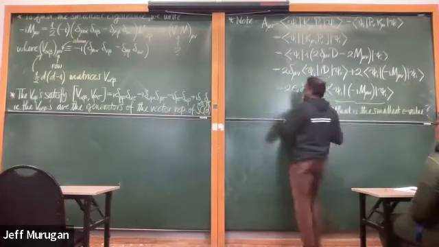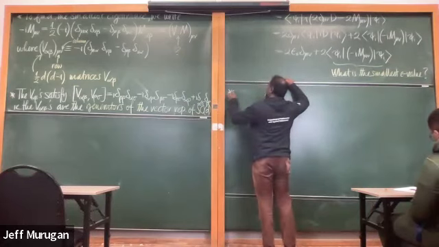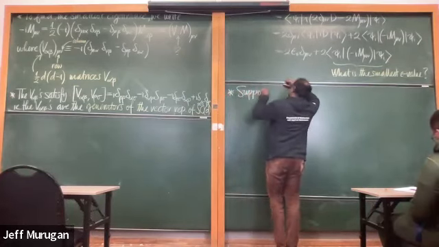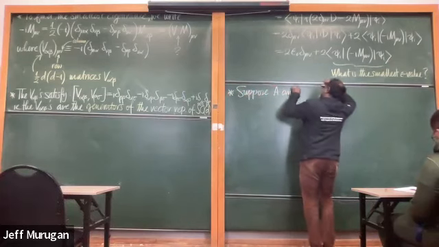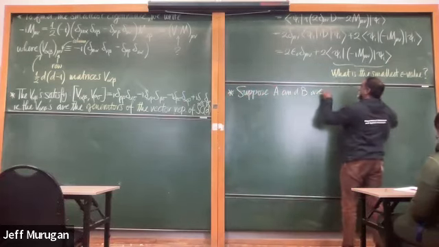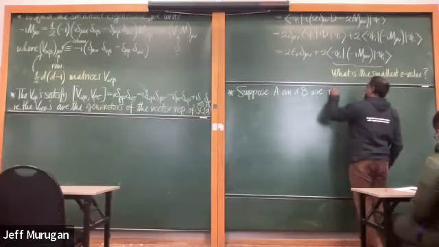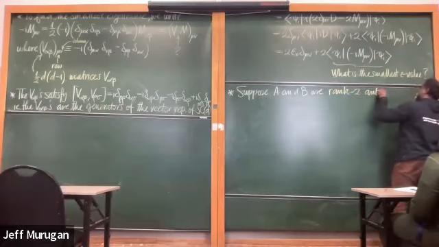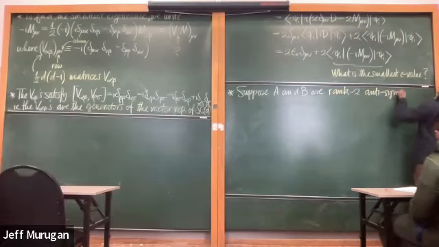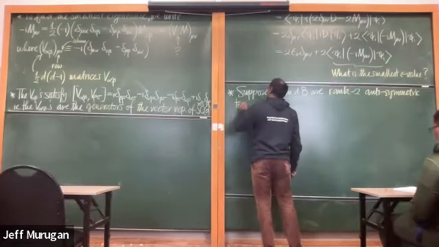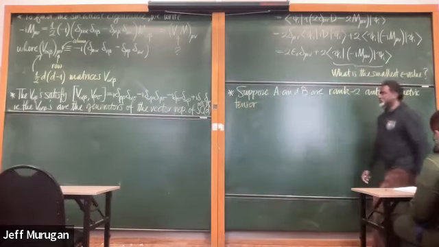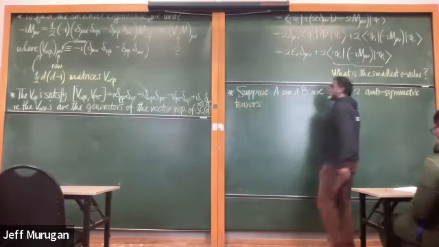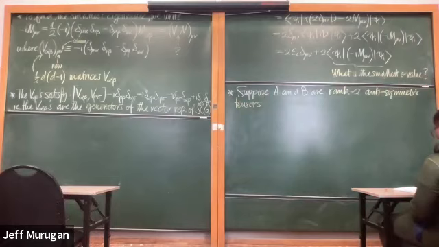Suppose A and B are rank two antisymmetric tensors. Anybody want to tell me what else you might call them?